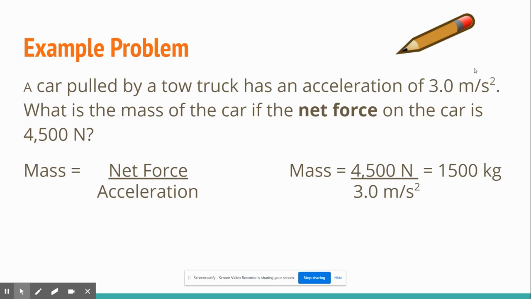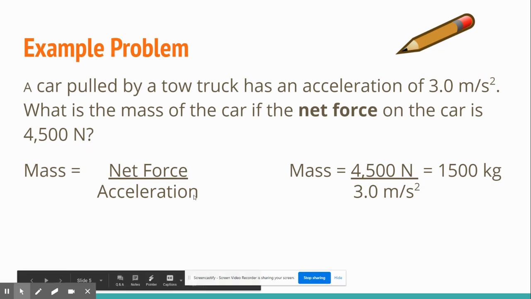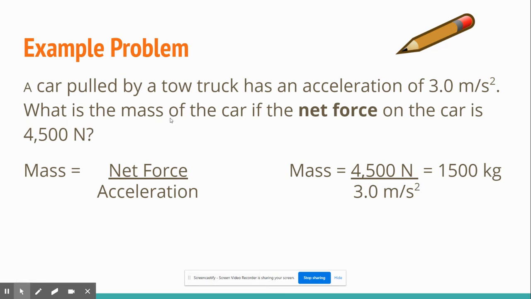All right, so here's my acceleration. Just going to learn to recognize that. What is the mass of the car if the net force on the car is 4,500 newtons? Okay, so I'm going to pick the equation that I need. I'm solving for mass because it says what is the mass of the car.